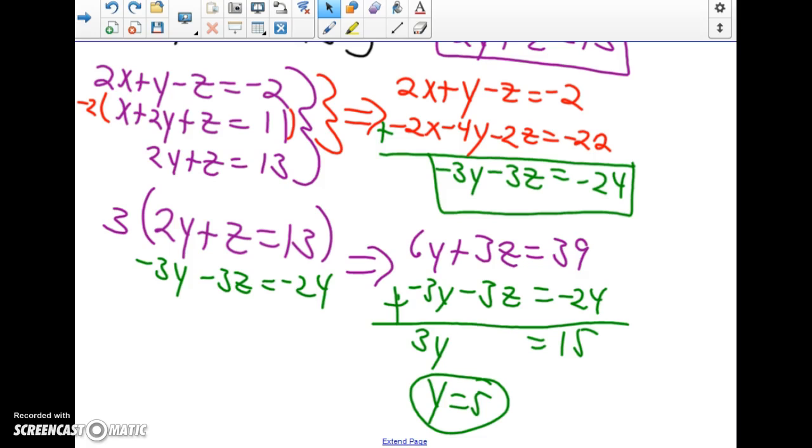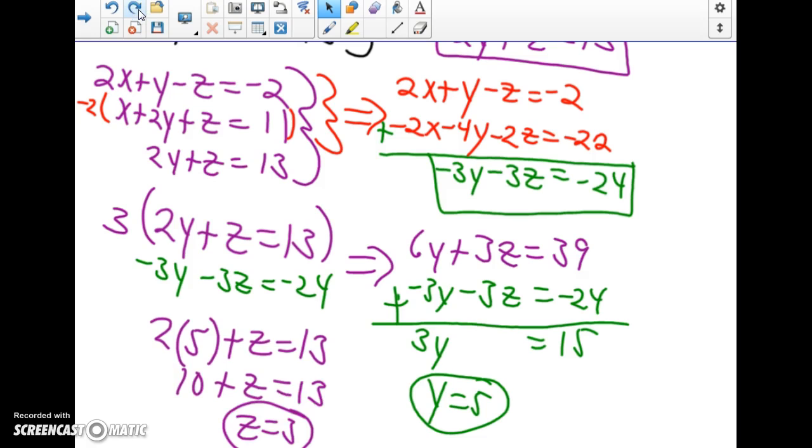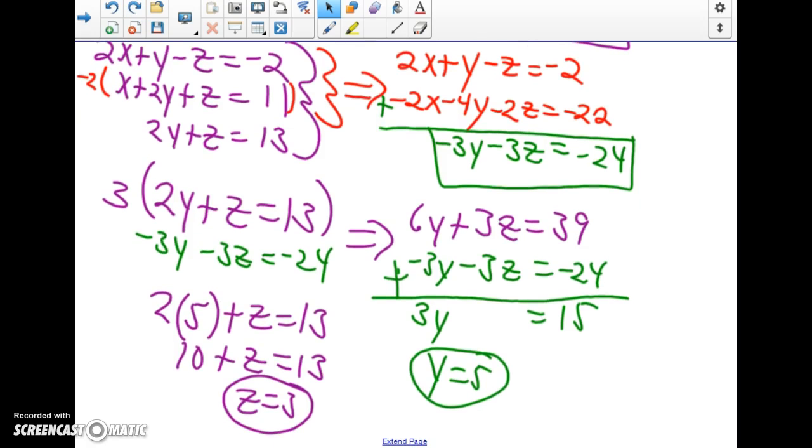And we get 3y equals, the z's cancel, we get 15, and so the y equals 5. And I take the y equals 5 and put that into the purple, and get that z equals 3.